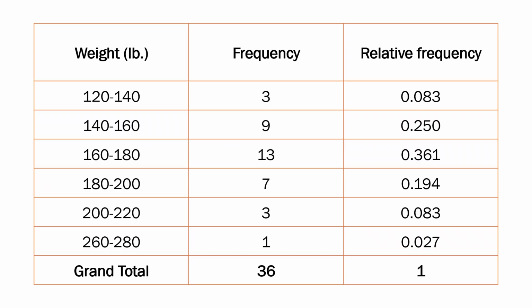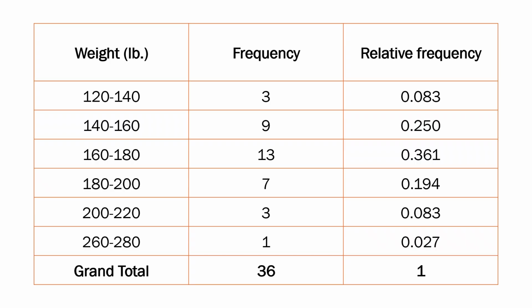For example, 139.99999 could still fit into it, whereas 140 wouldn't be in that category. You'll often see it shown in the book or in examples as 120 to under 140, or whatever the number is. They'll put "under" on the other one, or they'll use less than or greater than symbols.